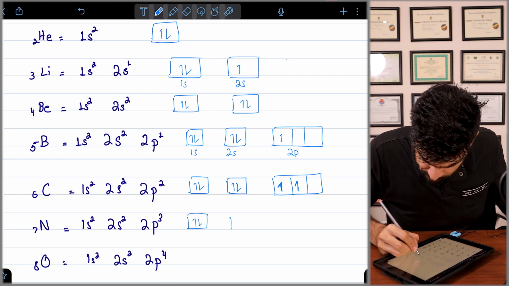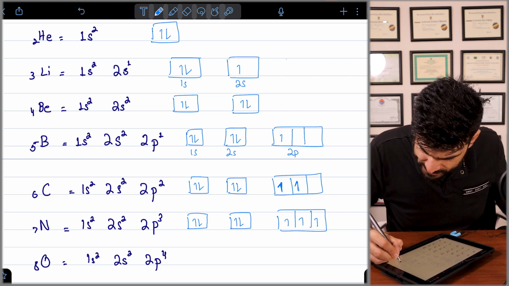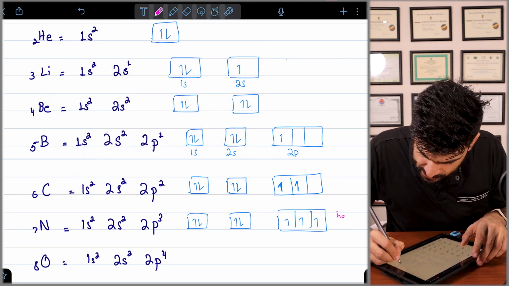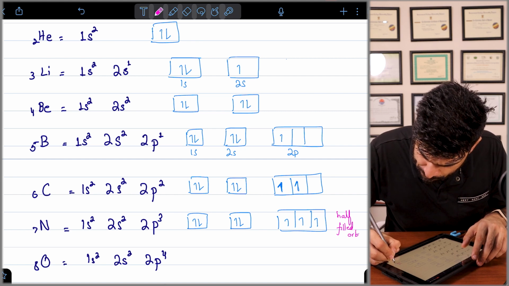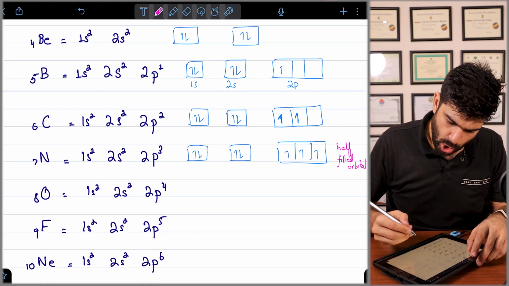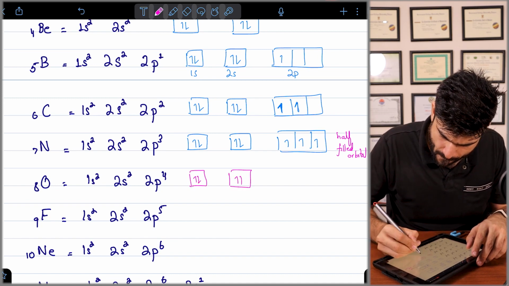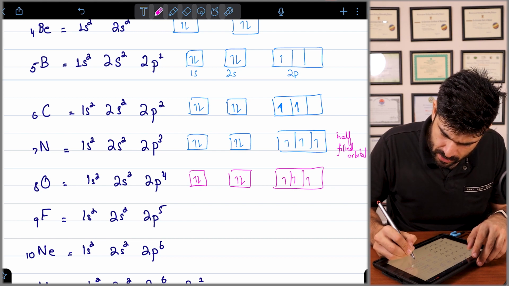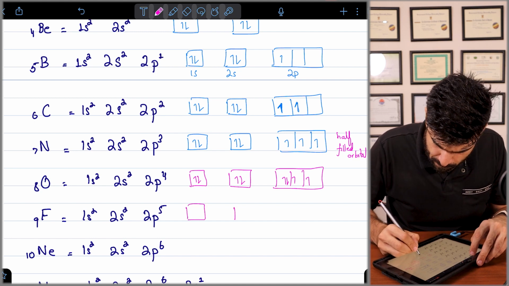For nitrogen, this is what we call a half-filled orbital, a very important concept. We will study this concept in detail. Oxygen, again, let's quickly draw them. 3 were already filled. Now we add another one. Fluorine.